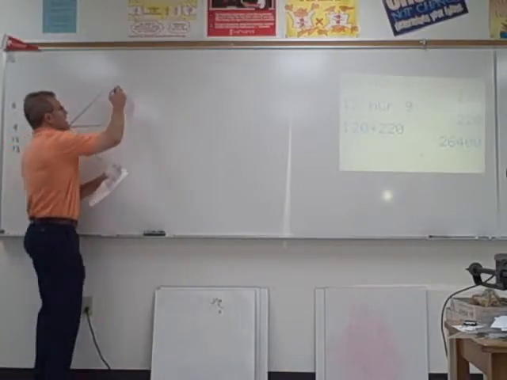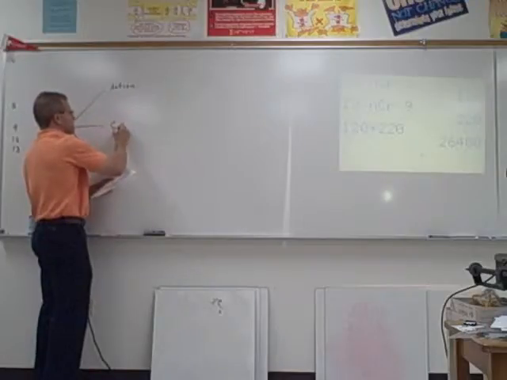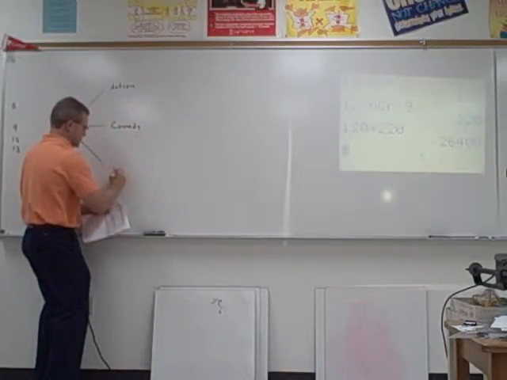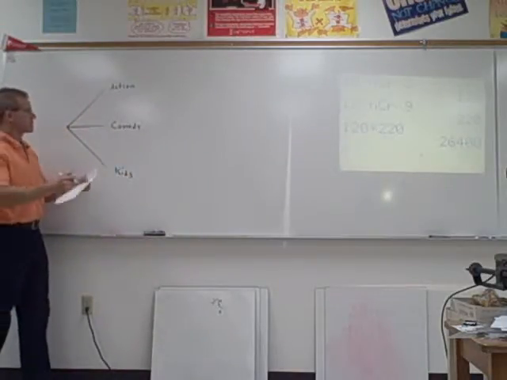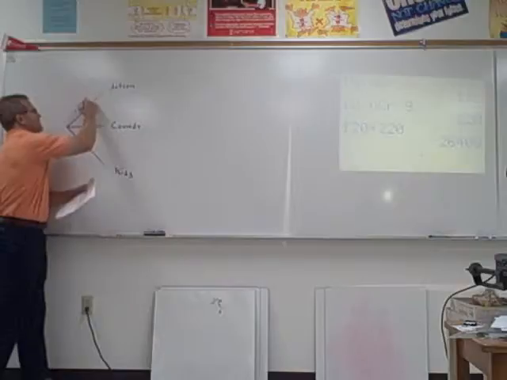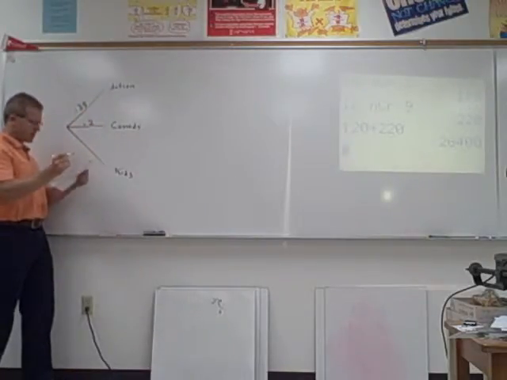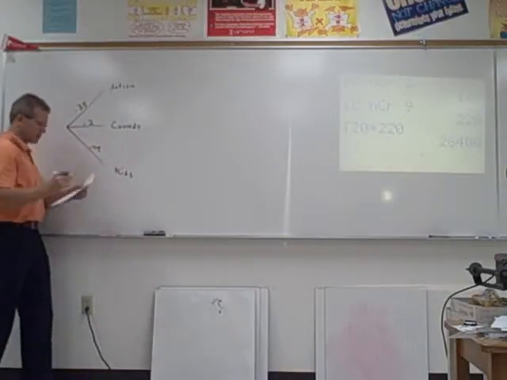So you're either going to get action, comedy, or kids. You randomly pick a movie, 35% of them are action, so there's a 0.35 chance you're going to get an action movie. 20% are comedies, so there's a 0.2 chance you're going to get a comedy. And 45% are kids, so there's a 0.45 chance you're going to get a kids movie.